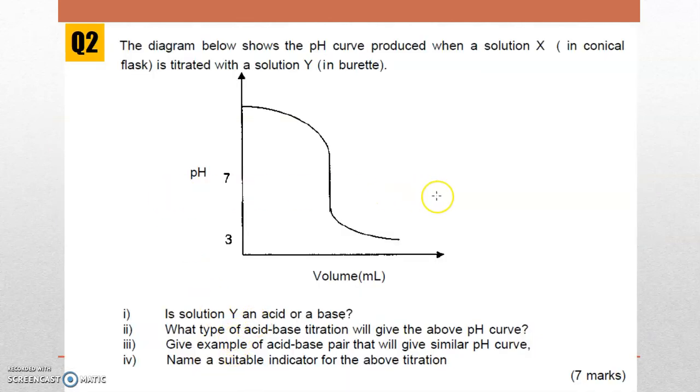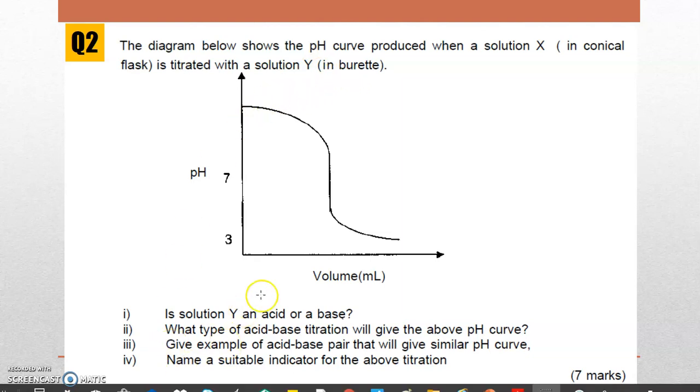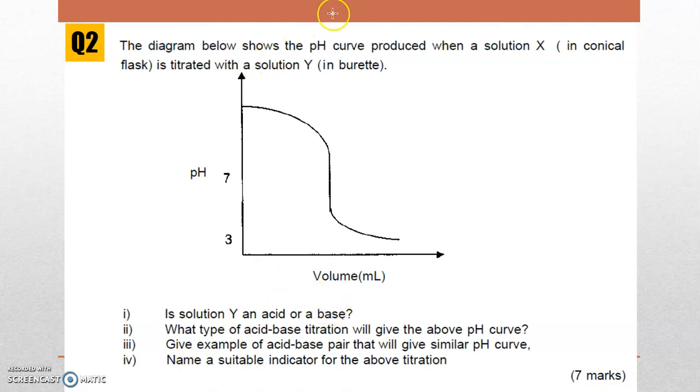Okay, this is question 2, from a final exam question. As you can see, the diagram below shows the pH curve produced when a solution X in a conical flask is titrated with a solution Y in a burette. So is solution Y an acid or a base? It is clear, you can see there.